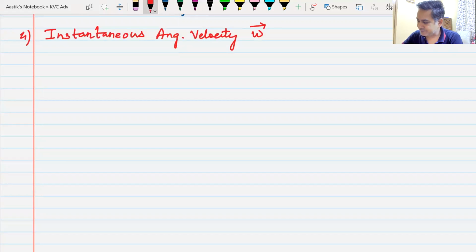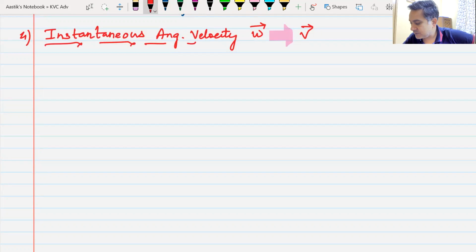Omega vector. And this should remind you of linear velocity, v vector. Instantaneous angular velocity. What would be instantaneous angular velocity?